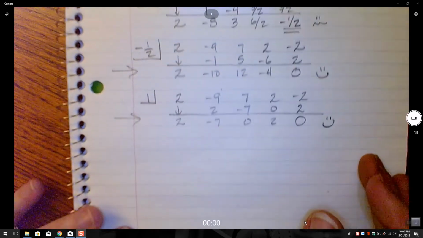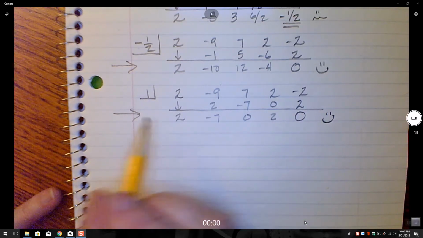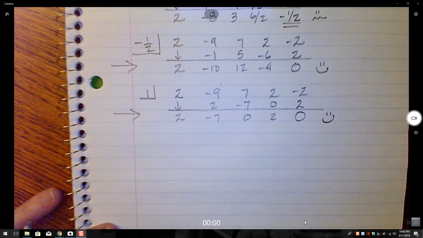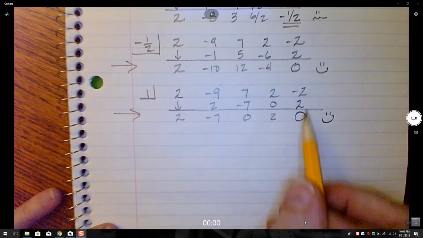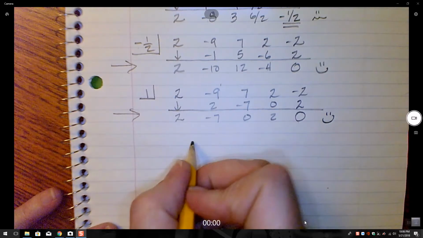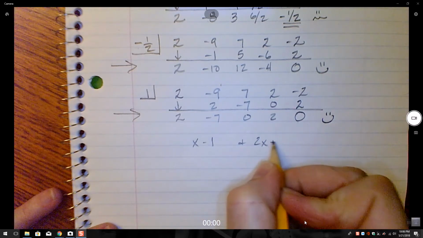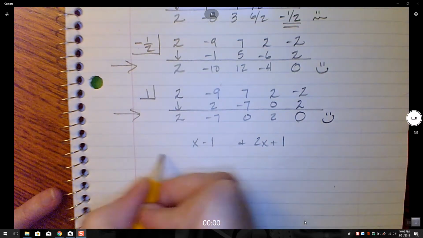I would take the time to do the rest of these, but I already did, and I tell you that 2 and negative 2 do not get us any zeros. So I'm going to stop right there. Our linear factors, is what they like to call them, are x minus 1 and 2x plus 1. And why?